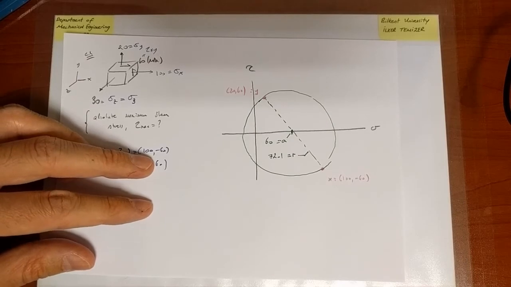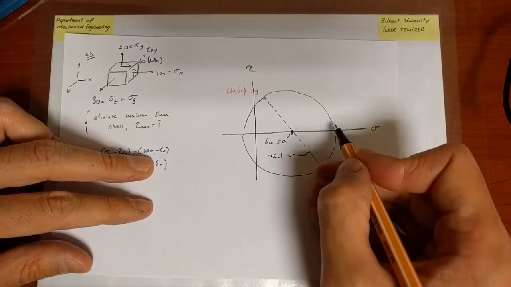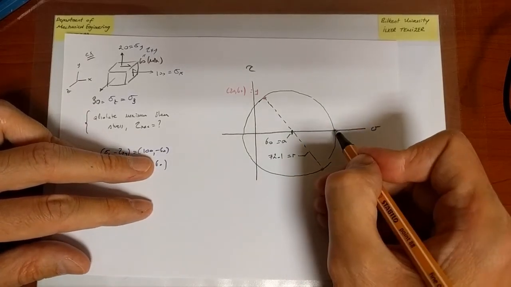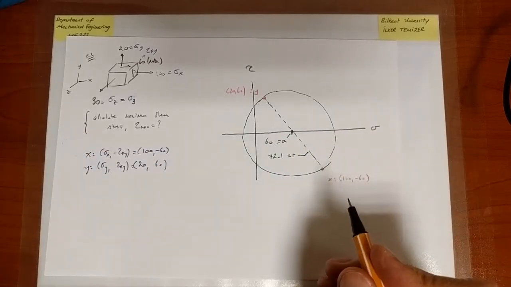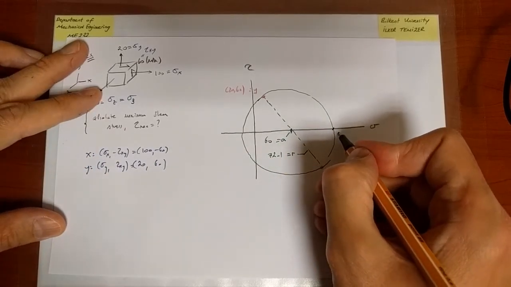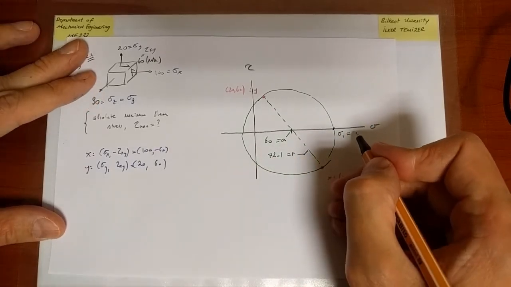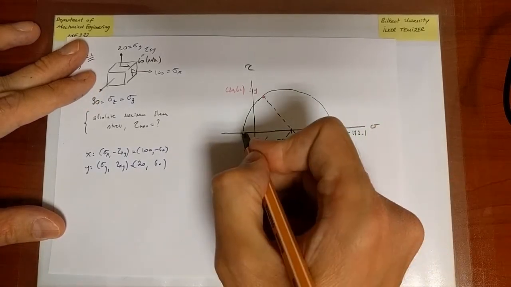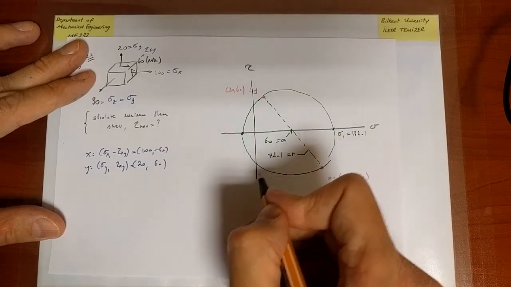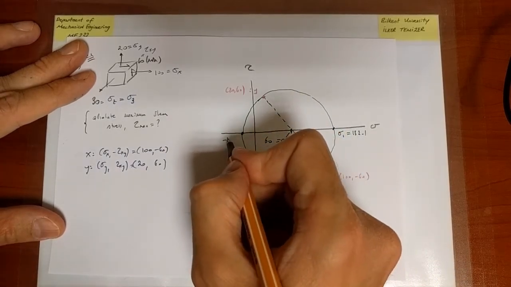Okay. So therefore I have the first principal stress, sigma 1, 60 plus that value, so in other words 132.1. And at that point I will have 60 minus that value, minus 12.1.